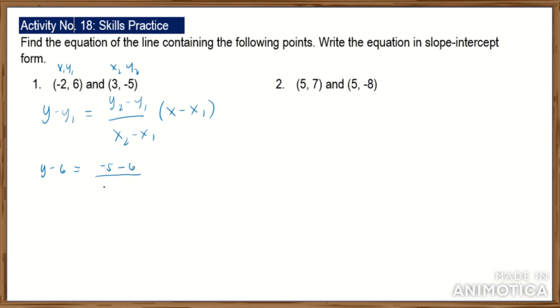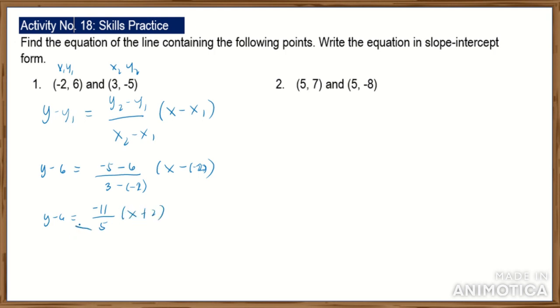Then we have our x sub 2, which is 3, minus our x sub 1, which is negative 2, times x minus x sub 1, which is negative 2. Then, going to simplify the signs. We have y minus 6 is equal to negative 5 minus 6, which is negative 11. 3 minus negative 2 is equal to 5. Then we have times x plus 2.